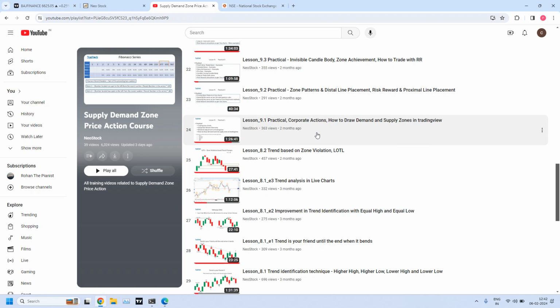Over a period of time, once I got better and better experience, I understood the corporate actions in a much better way. And then I developed the algorithms. So every time I download the NSE data, my software automatically will take care of adjusting all the data with corporate actions.